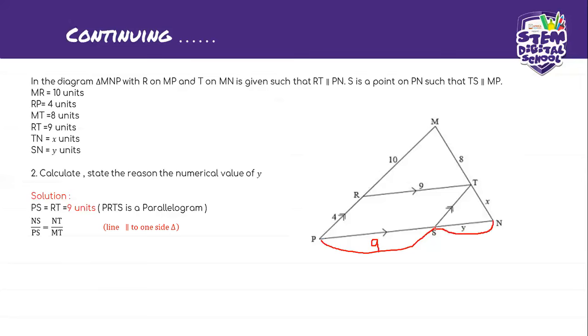We have started with NS, that is NS, then divide by PS, this is PS here, right? So equals to, then we are at this side where we are going to say NT, can you see that? Divide by MT or TM, does it matter, right? Then thereafter, we are going to substitute, then Y divided by 9 equals to 3,2.